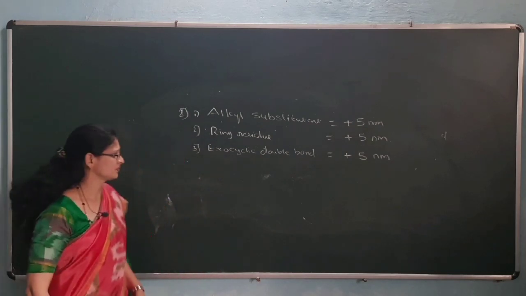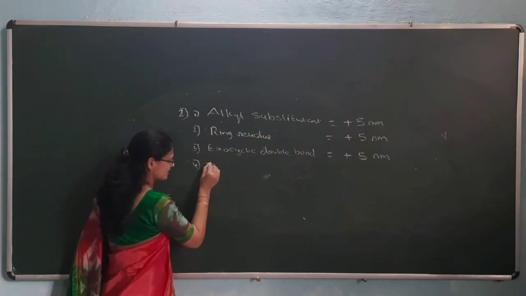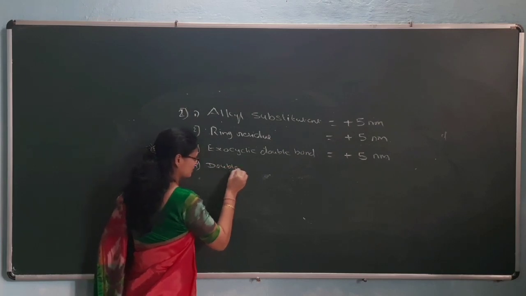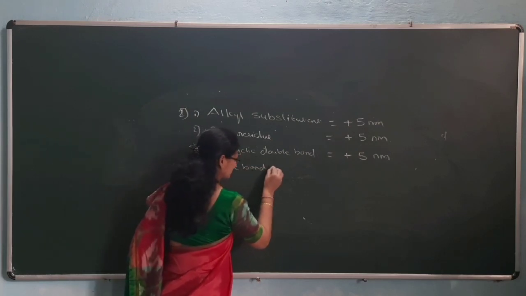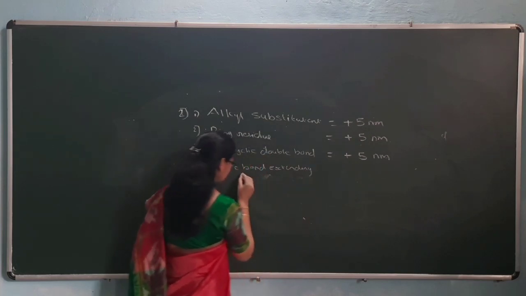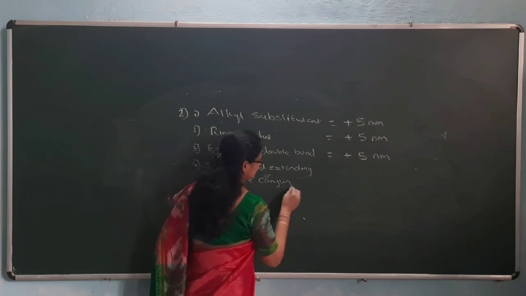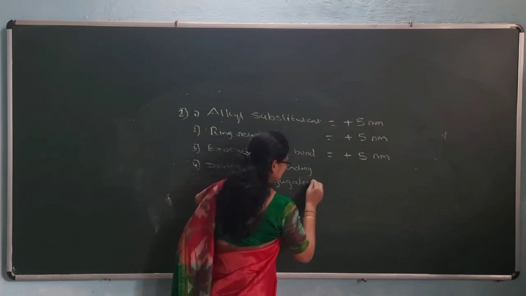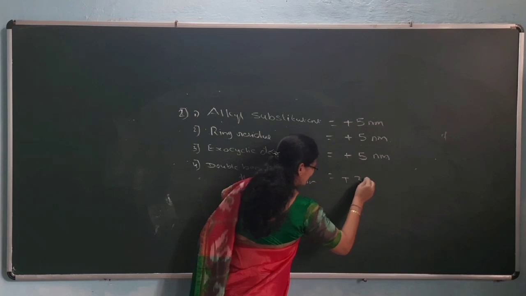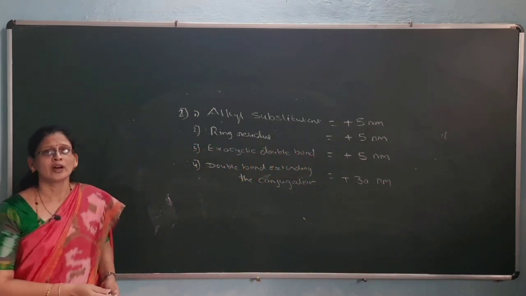The next is a double bond extending the conjugation. That is plus 30 you have to add. Plus 30 you have to add.